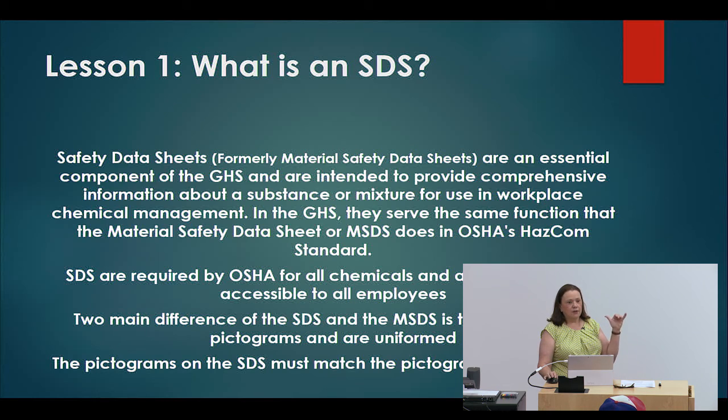So every chemical or product should have an SDS with it that will outline risk, what the product's made of, if it catches on fire, etc. Then they're required by OSHA to be made available and accessible to all employees.